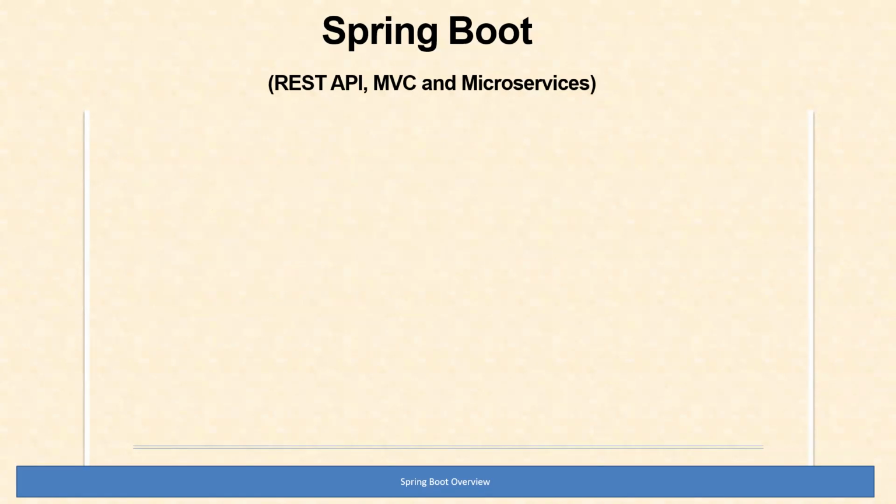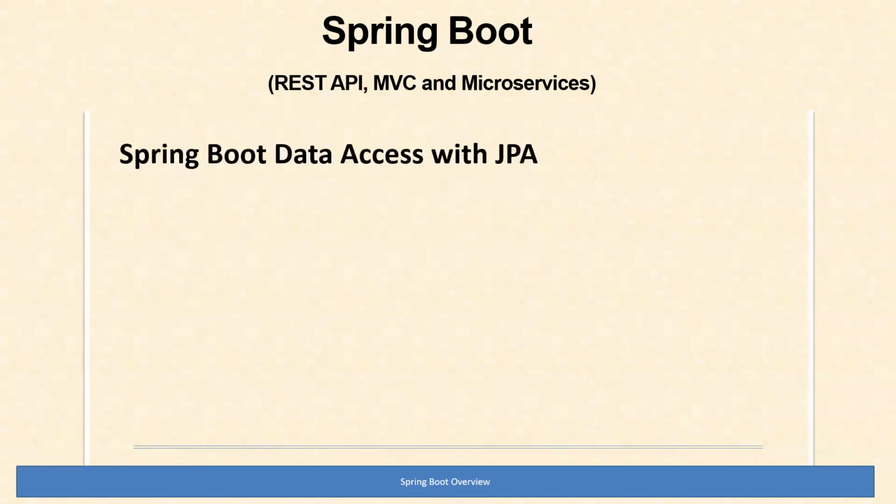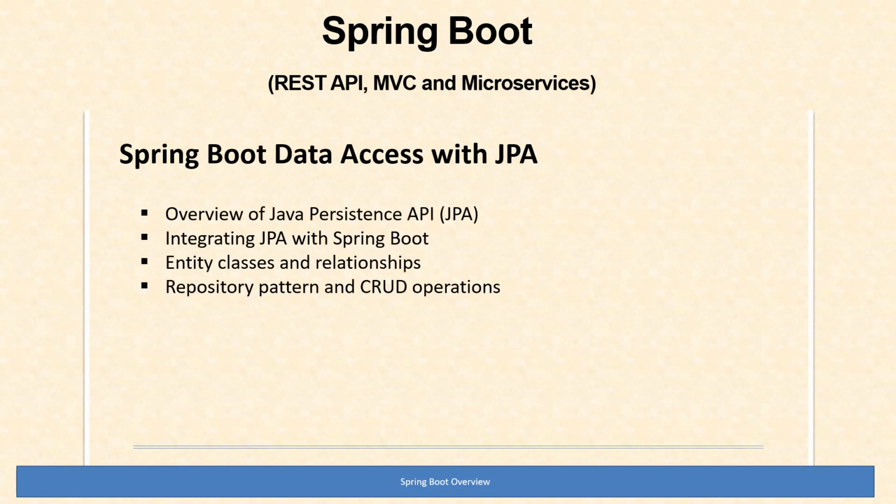And once this is done, we will access the database from your Spring Boot application. So how to access data? For that, we are going to use JPA, Java Persistence API. And here we are going to use Hibernate. Of course, you have some other implementations for JPA, but we are going to use Hibernate.